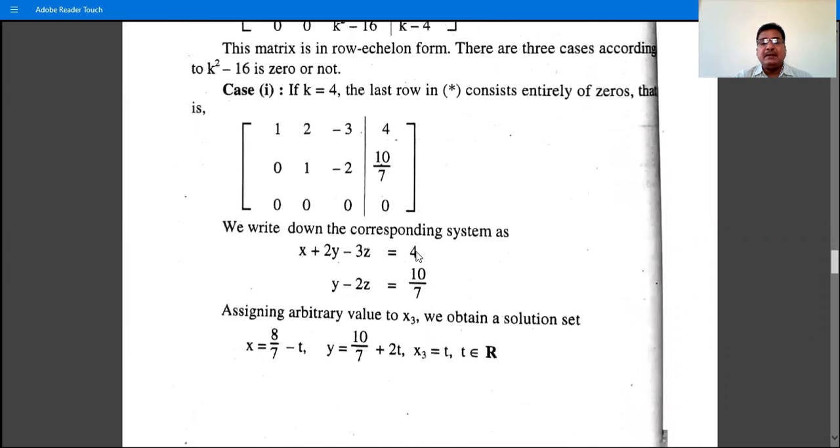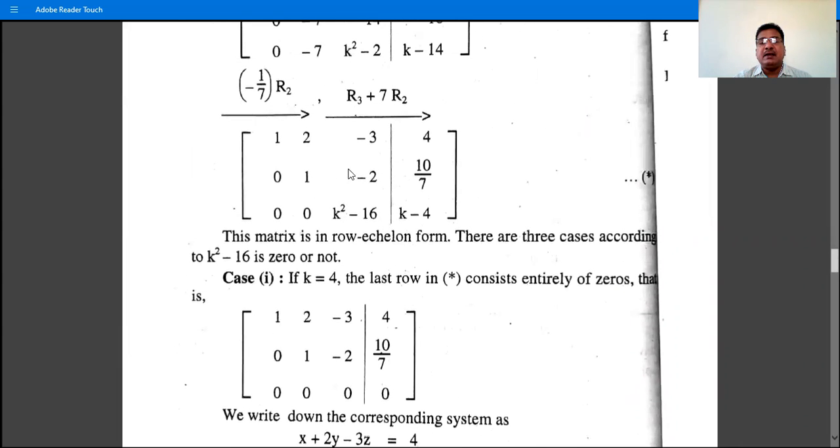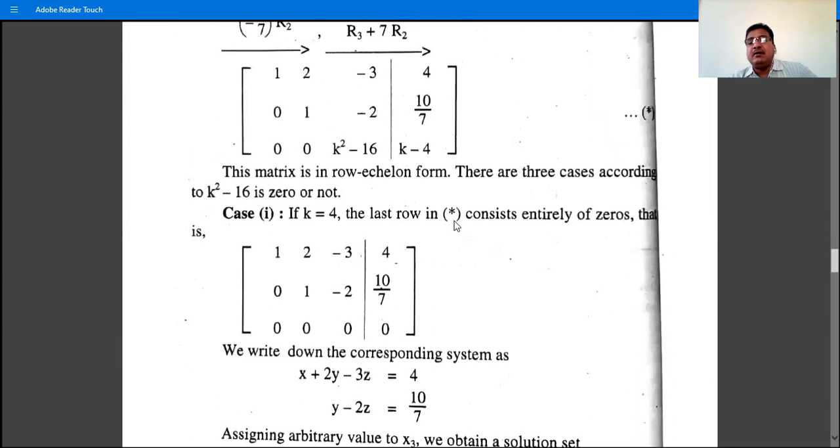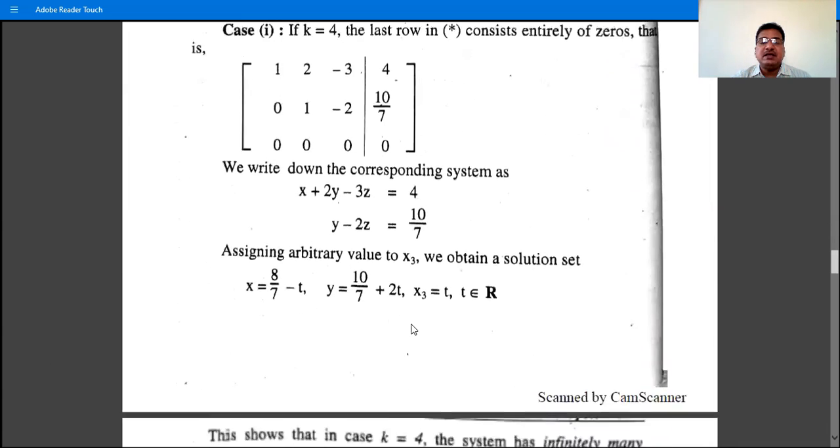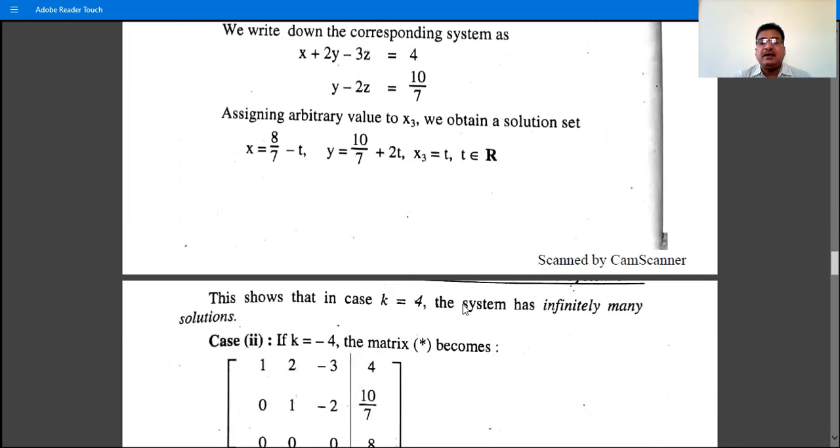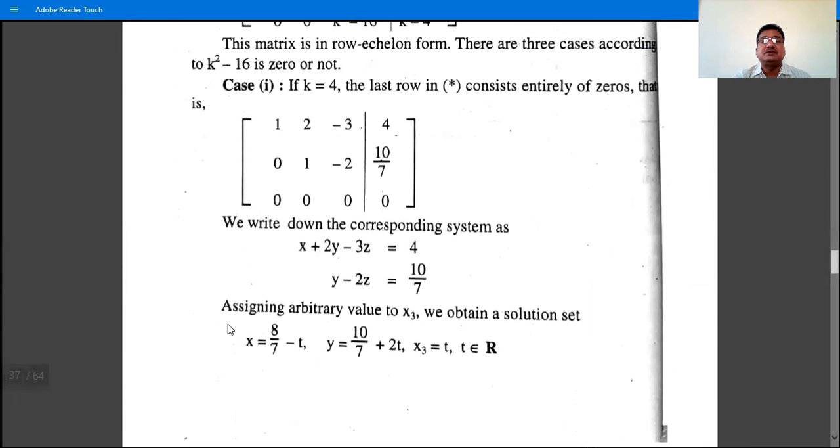In this case, if k is 4, we have 0 at this place and 0 at this place, and the rank of A is 2, the rank of AB is 2, and the system has infinitely many solutions. That is, if k is 4, the system has infinitely many solutions.